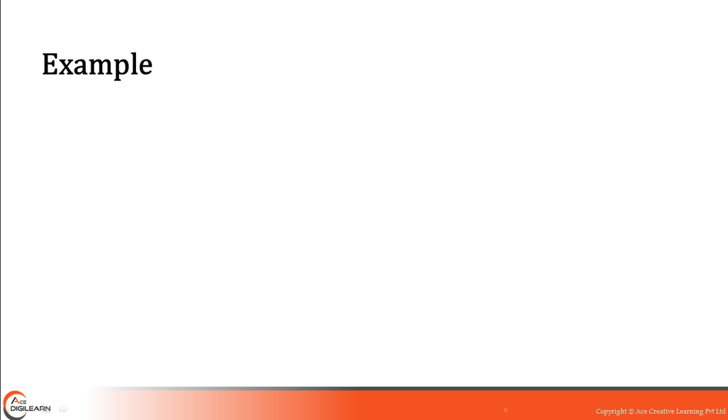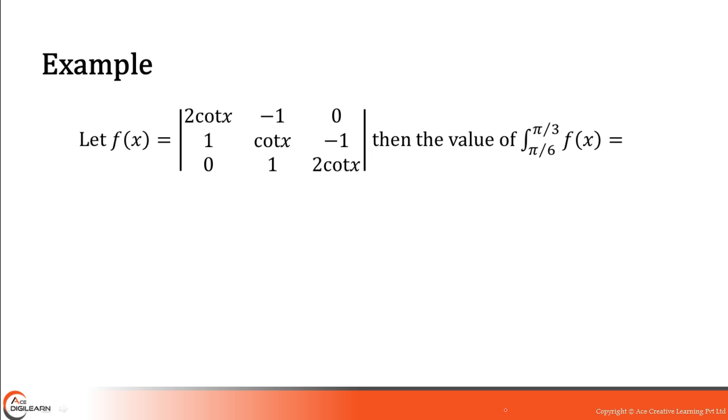Next example. Let f of x be a determinant of order 3 by 3, then the value of integral f of x under the limits pi by 6 to pi by 3. Here are the options: minus 16, 16 by 3, 8, 0.